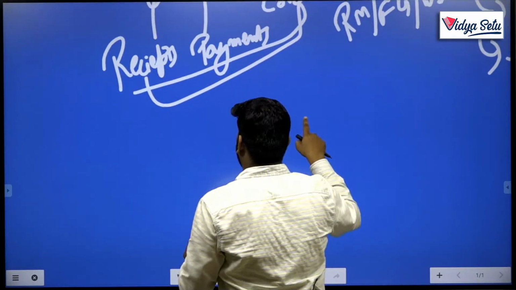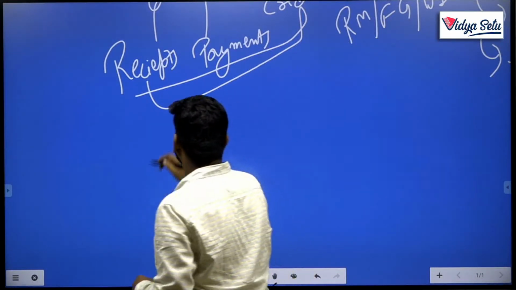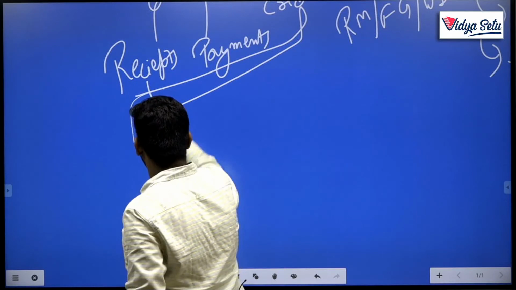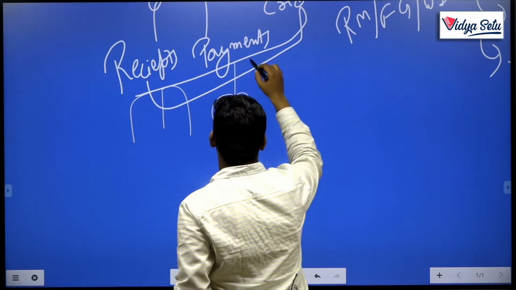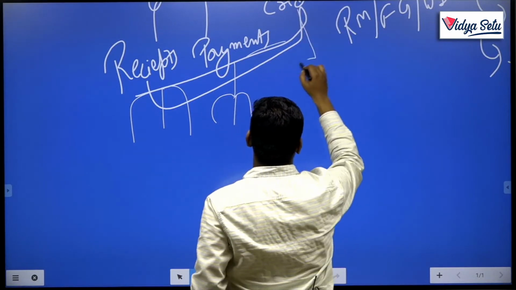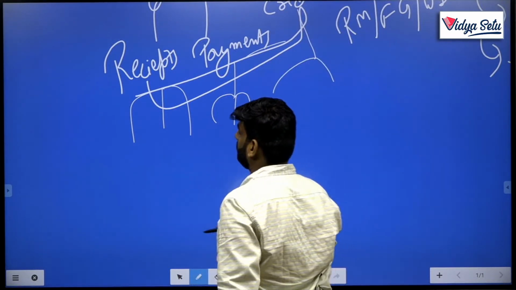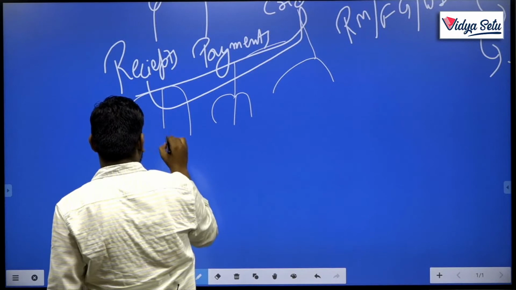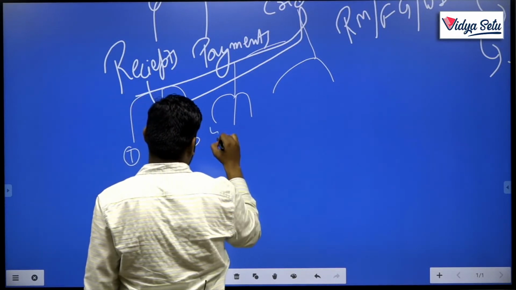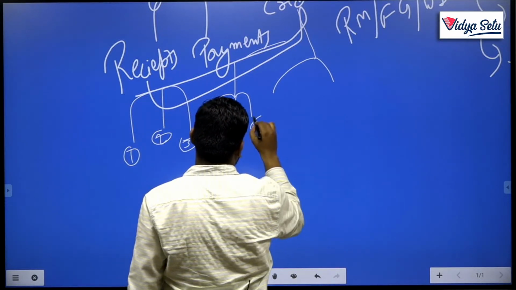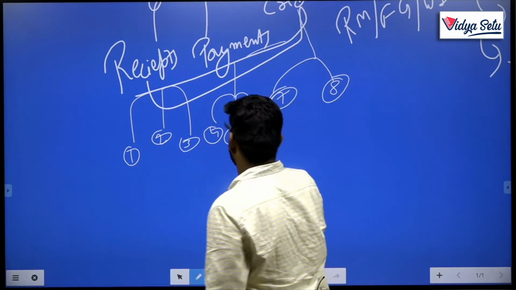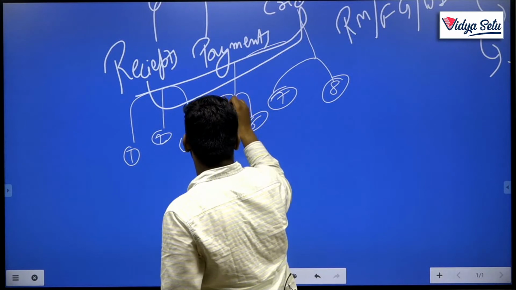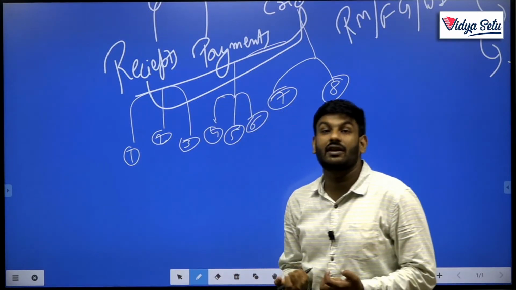Suppose in the receipt section there are 3 employees working, in the payment section 3 employees, and in the credit section 2 employees. 1, 2, 3, 4, 5, 6, 7 and 8. Let's number each and every employee working in each department.